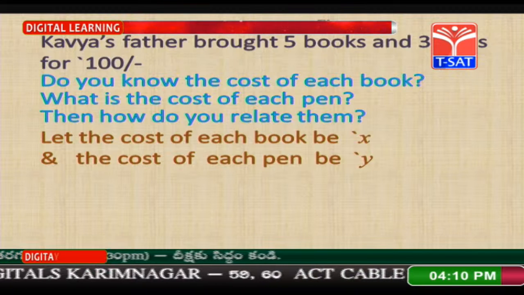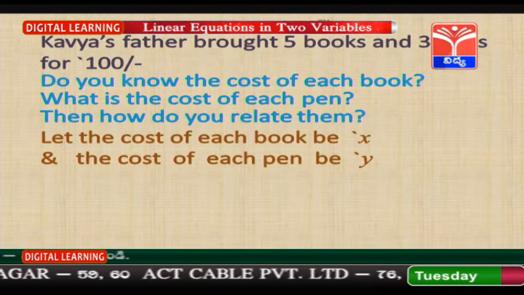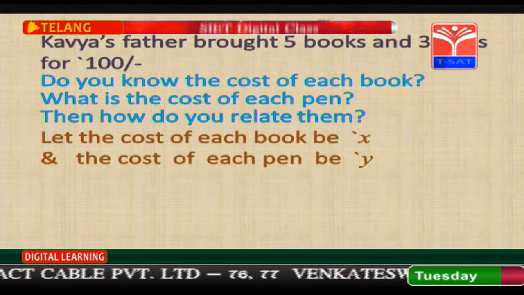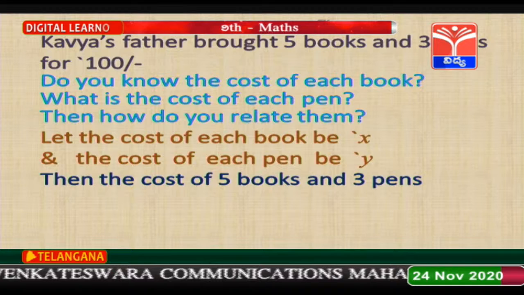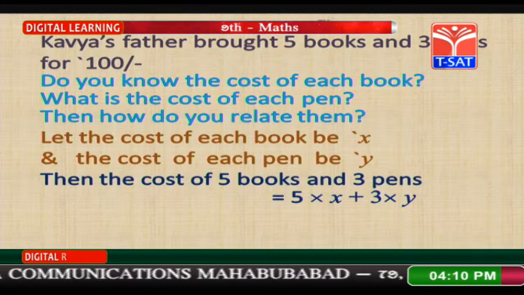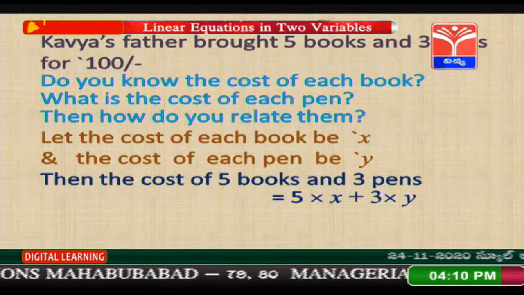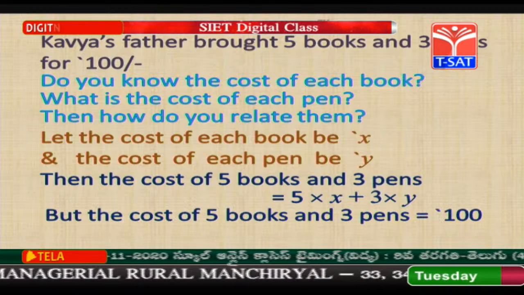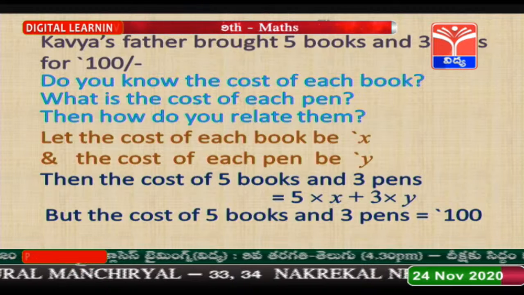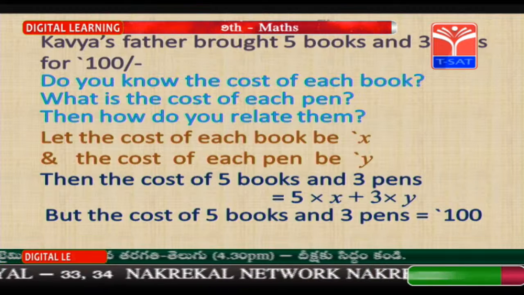Now, how many books are there? 5 books. How many pens are there? 3 pens. Then the cost of 5 books and 3 pens will be equal to 5 into x plus 3 into y. But the cost of 5 books and 3 pens is equal to how much? 100 rupees.